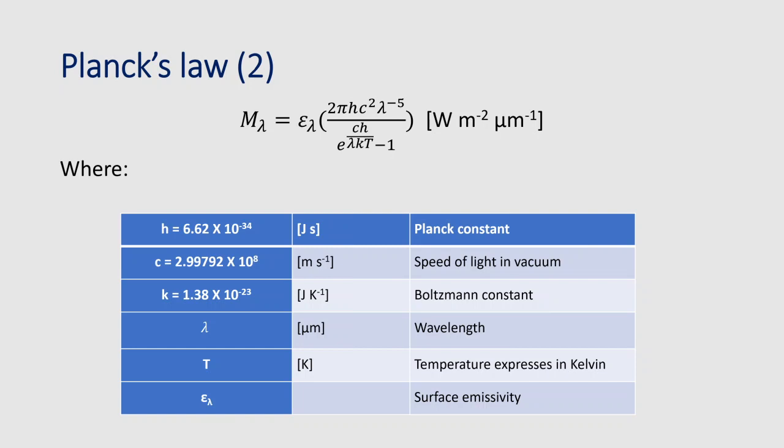Taking into consideration that the emission, this quantity here, of course varies across the different wavelengths, that means that, M being a function of lambda, the only unknown here is the temperature. All right? So let's go on here.